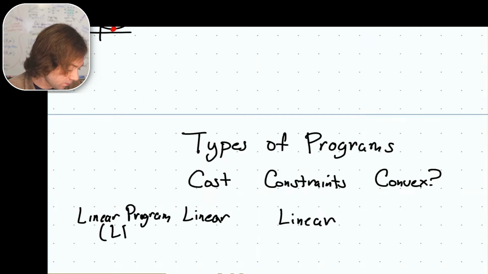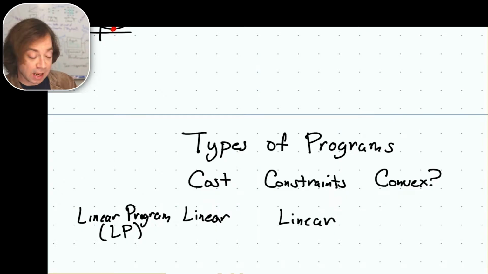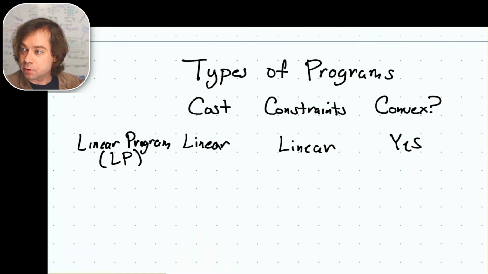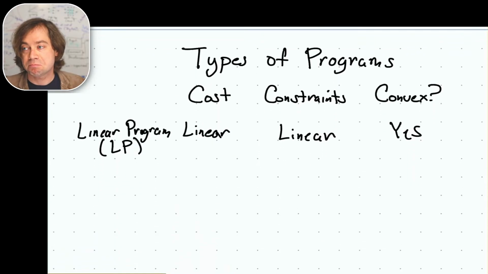Is it convex? Yes. That's great. Convex is good. Reliable to solve. We can give it to a solver. It almost doesn't matter what the initial guess is. It will still solve it. Sometimes you don't have to give it an initial guess.